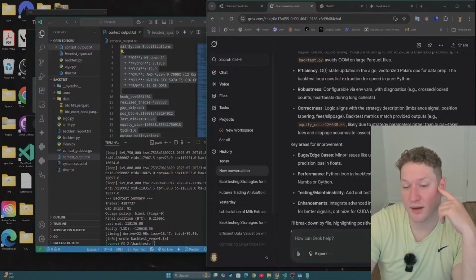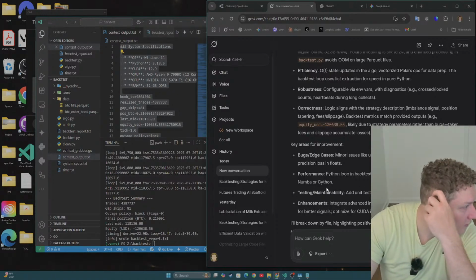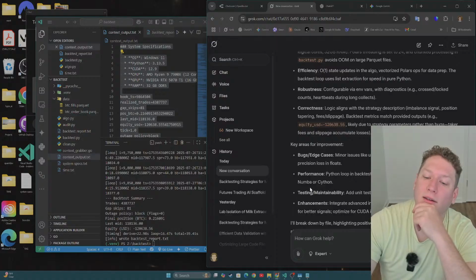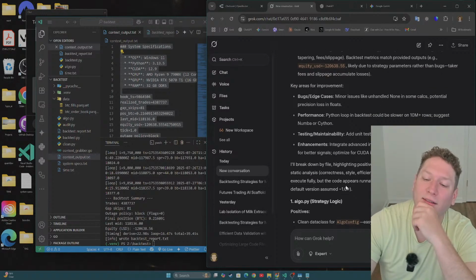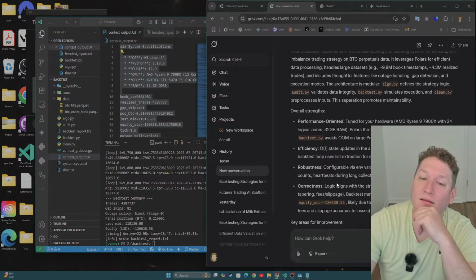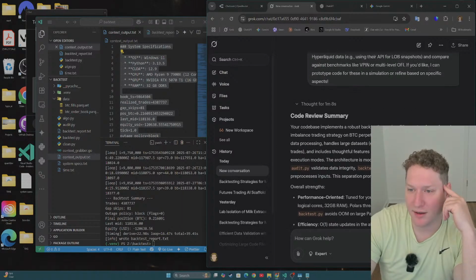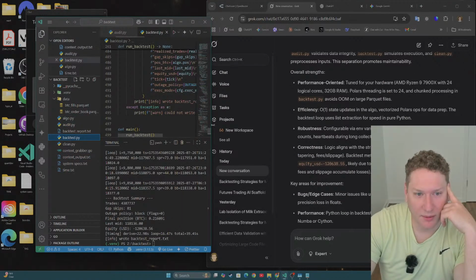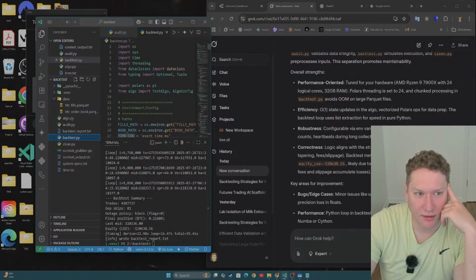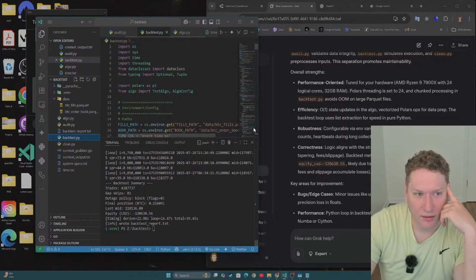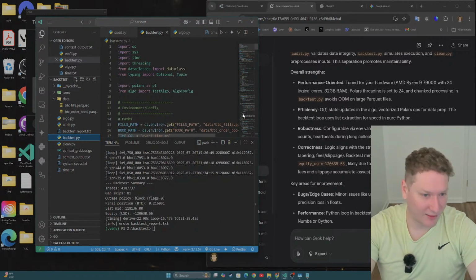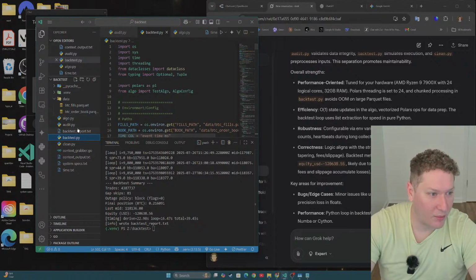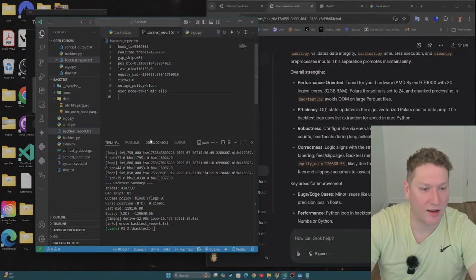So it's suggesting Numba. Okay. We can do Numba or Python. I guess we're doing Polars now. Is that what we're basing it off of here? Can we optimize the speed of the backtest? Let's see if we can just get that going.